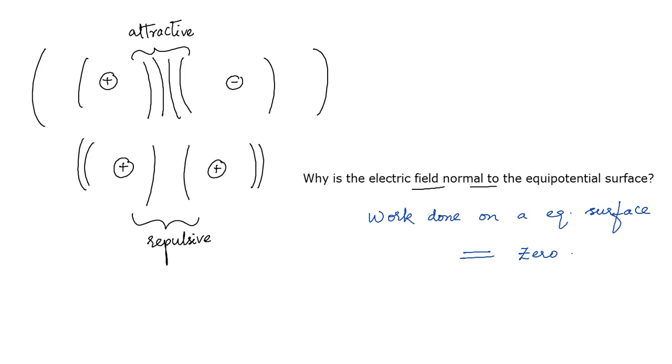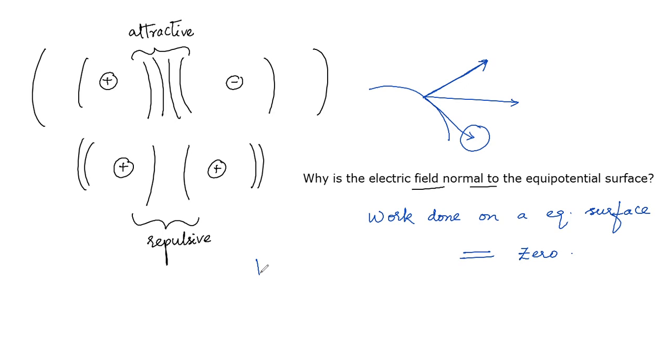So why is the electric field normal? If the electric field were not normal, tangentially there would be an electric field. Suppose it is inclined at an angle, then you resolve it into two components. The perpendicular component will not do any work because sin 90 becomes 0, but the horizontal component will do some work. That means on an equipotential surface you would have to do work to move a charge.